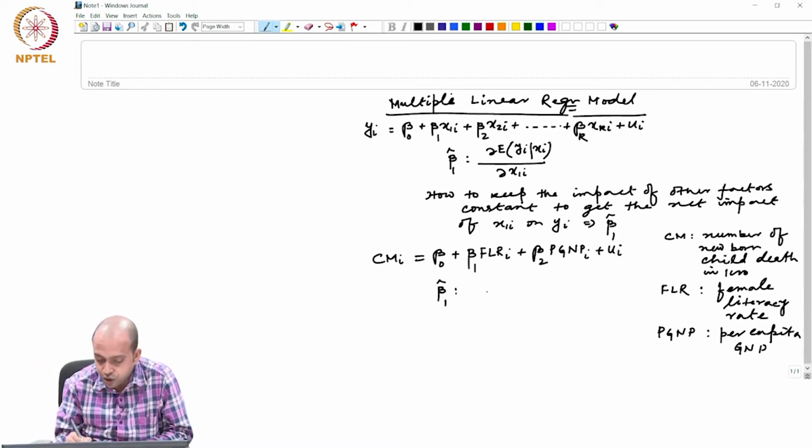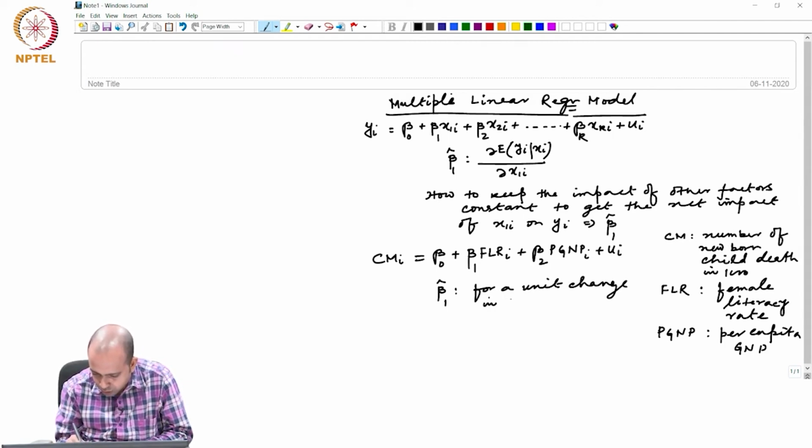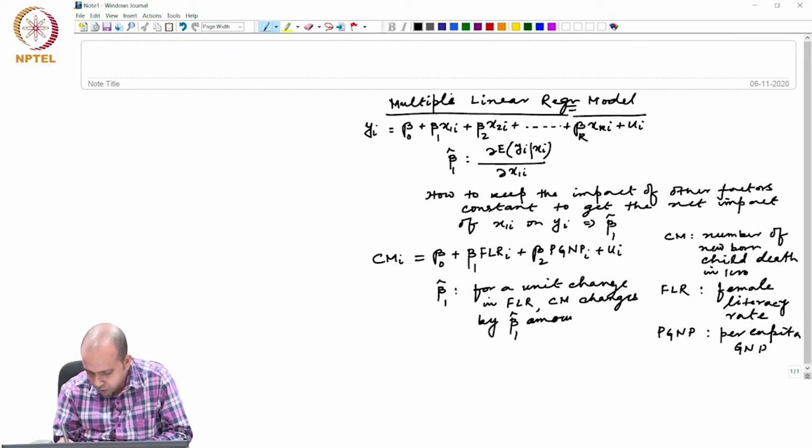What is the interpretation? For a unit change in FLR, child mortality rate changes by beta 1 hat amount, keeping the impact of PGNP constant.